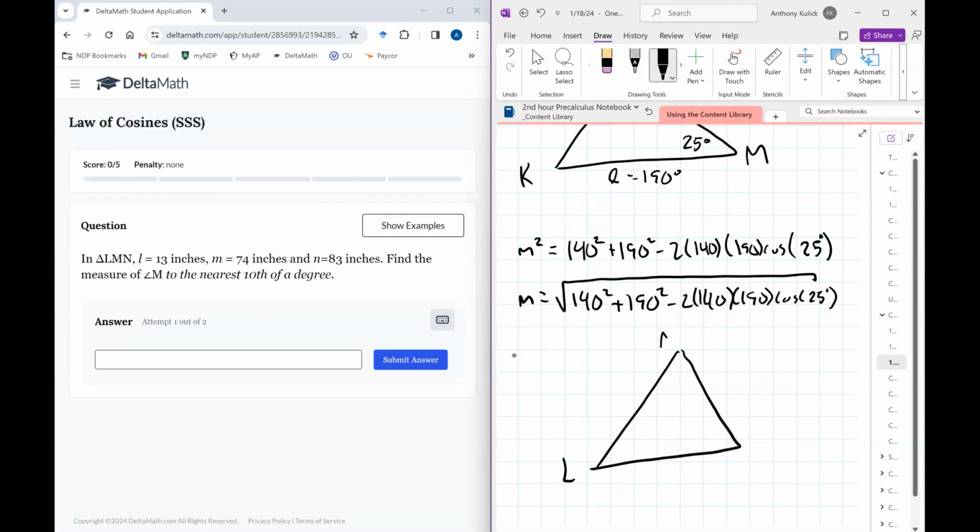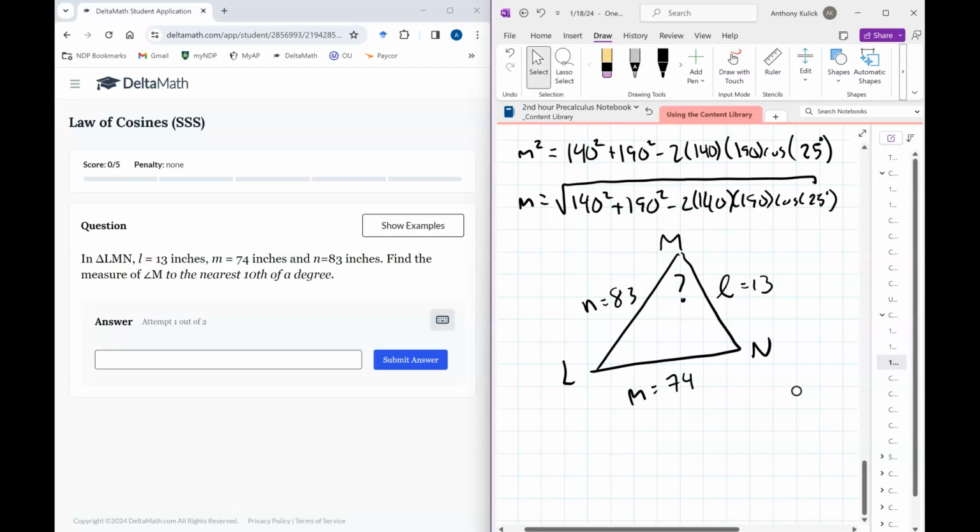So LMN, we're told side L is 13, side M is 74, and side N is 83. And we're looking for angle M to the nearest tenth of a degree. So remember what we had said. Which angle do we want to solve for first?